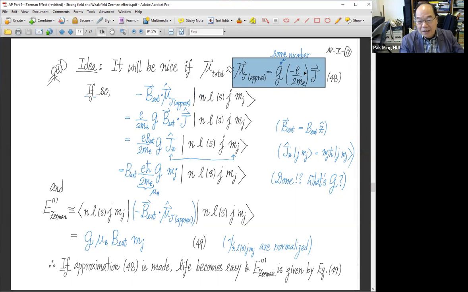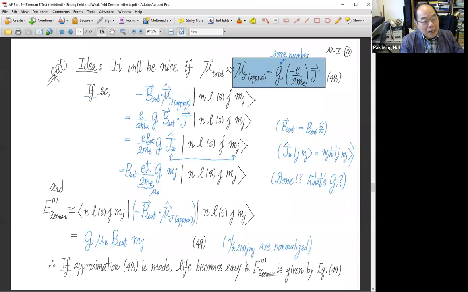So let me summarize. If we can make this approximation, then the answer will be very simple. This is the first order shift due to the Zeeman term. And then we want to find out what this number will be. Okay, this is a big thing.